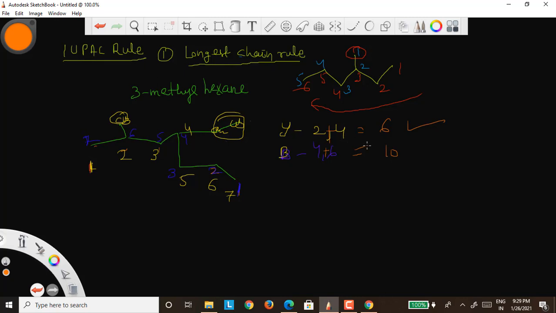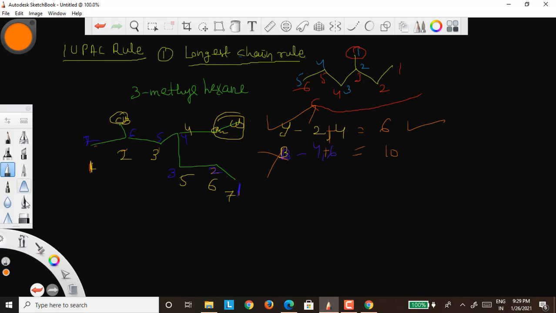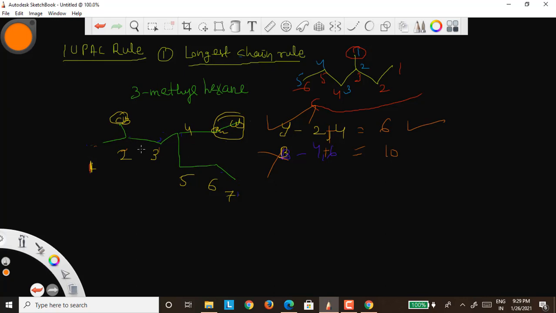The sum of the substituent numbers should be lower. So yellow is correct, blue is wrong. Yellow is correct means we take this one, and let us clean the blue one, otherwise it will confuse us unnecessarily. So this is the correct numbering.